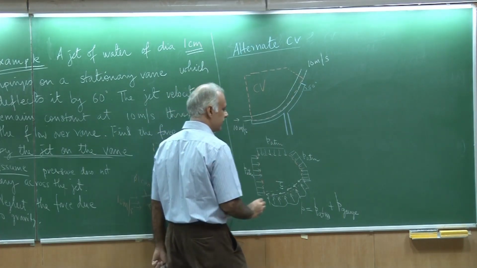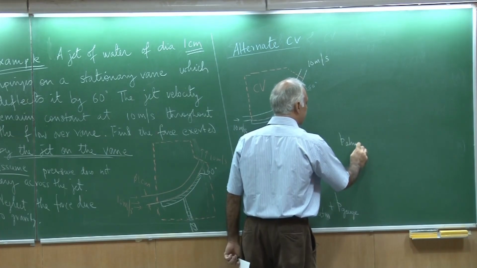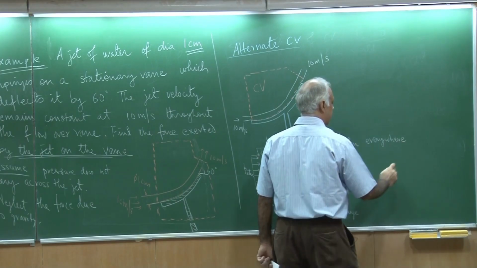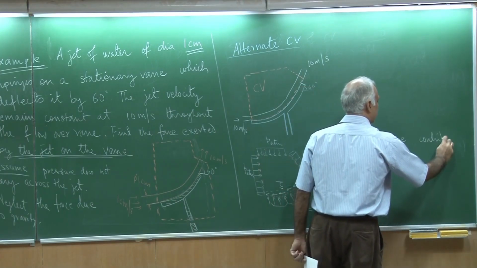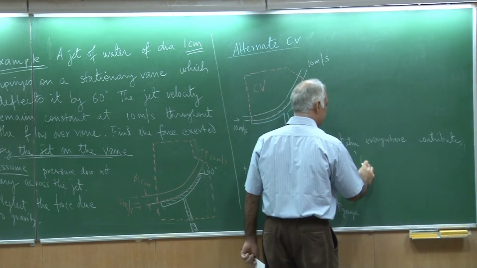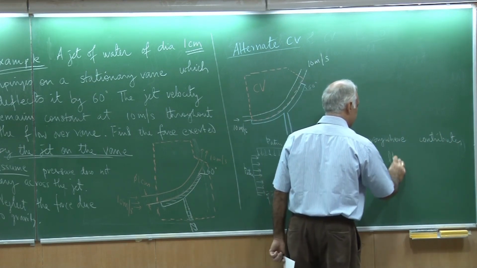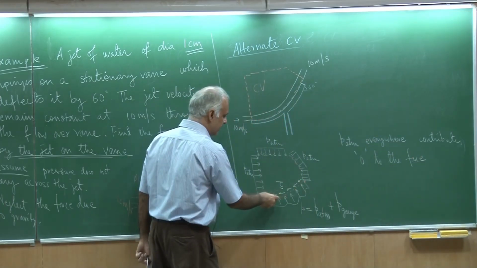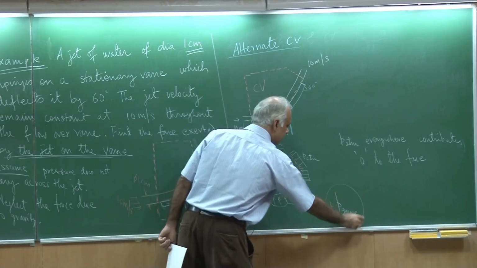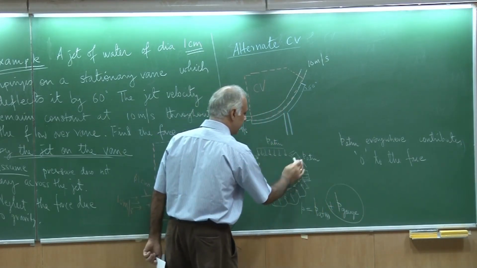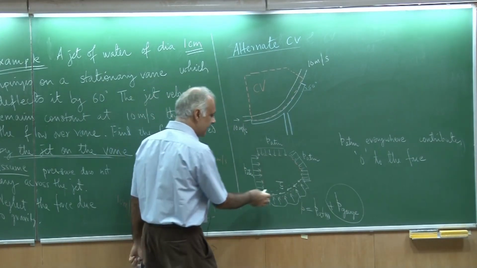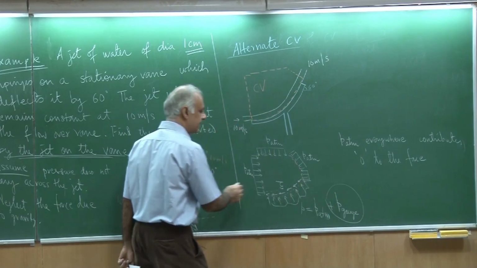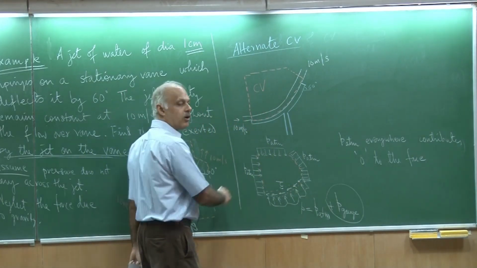I try to argue that P atmosphere everywhere contributes 0 to the force. So, effectively what remains on this surface is simply the gauge pressure. So, I could just take away the atmospheric pressure from everywhere and just leave what is, so subtract from P the atmospheric pressure and I just have the gauge pressure and I have tau.